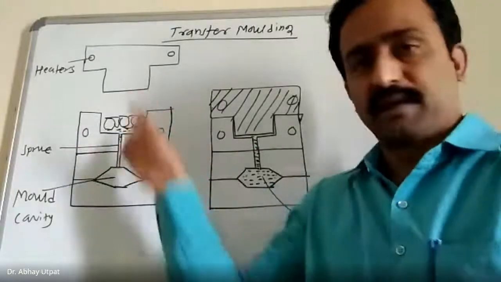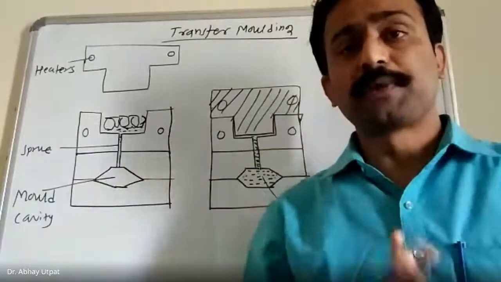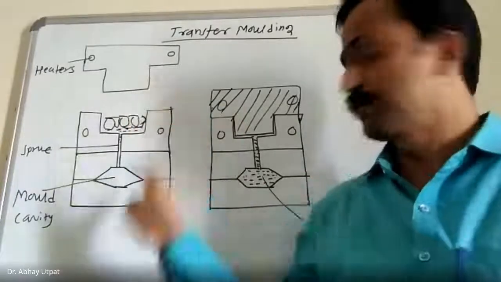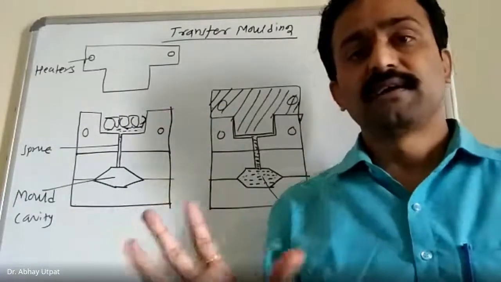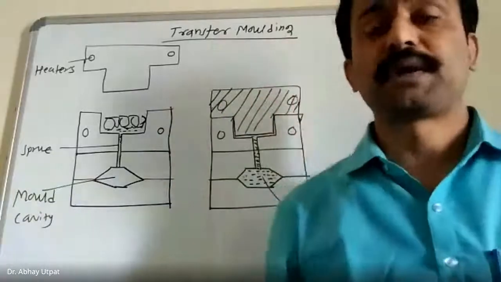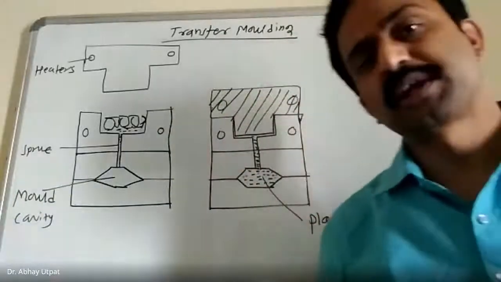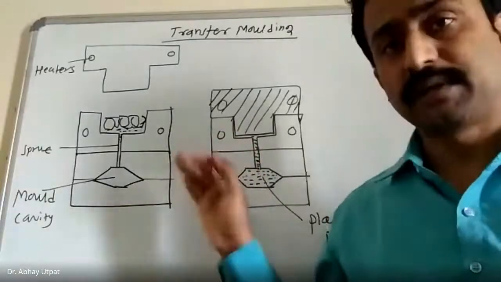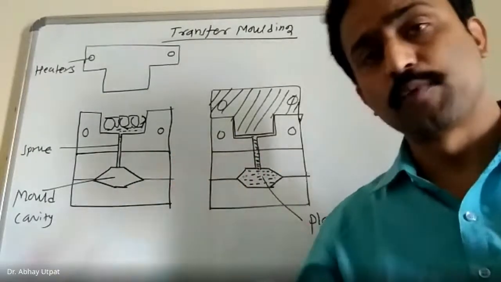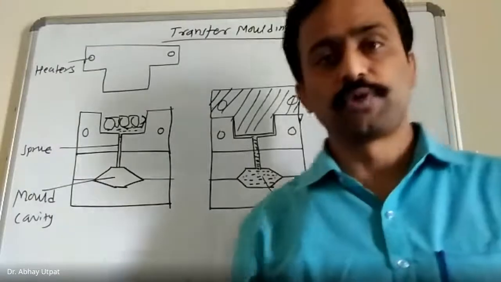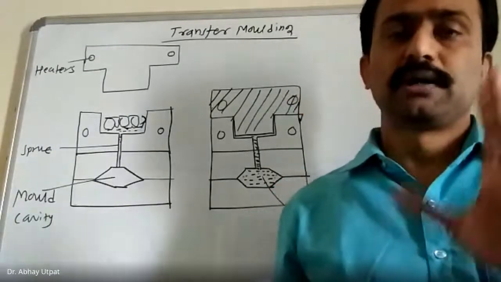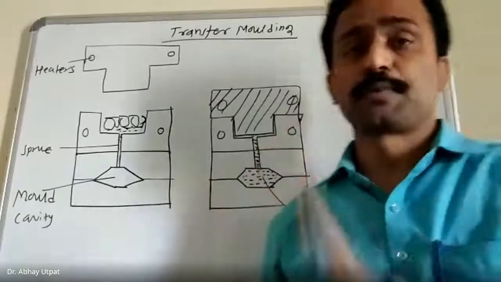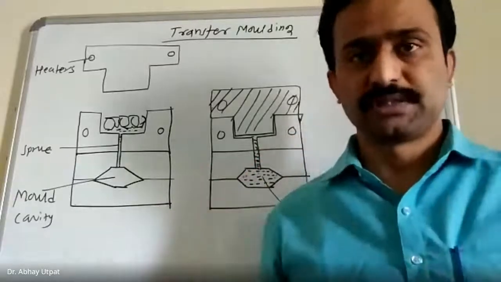Charge means this material. If you use the optimum material for charging into the die, then there will be minimum scrap, because once the scrap is more, it is very difficult to reprocess it. Of both processes, transfer molding is a little more advantageous than compression molding. Okay, this is all about plastic molding processes for thermosets.